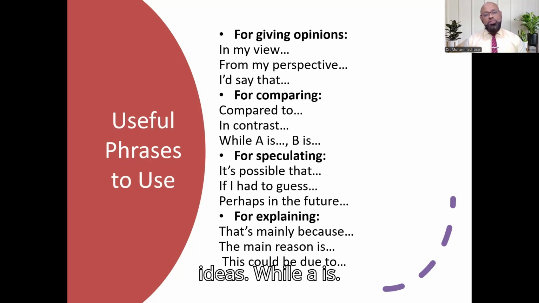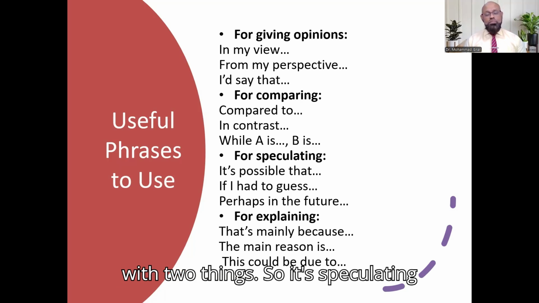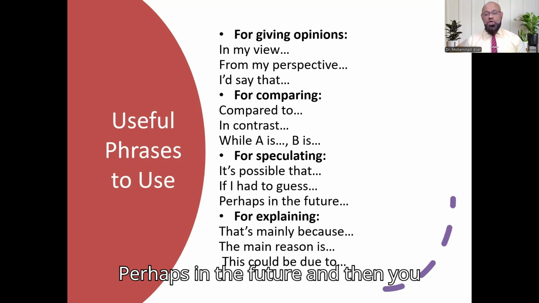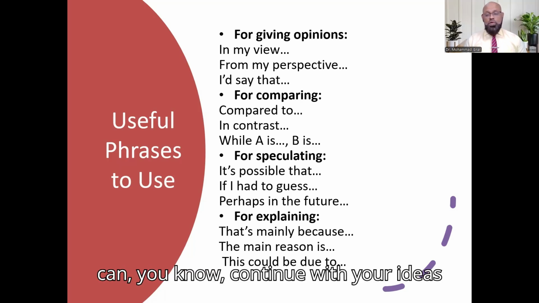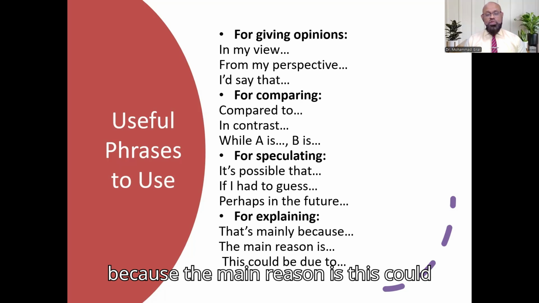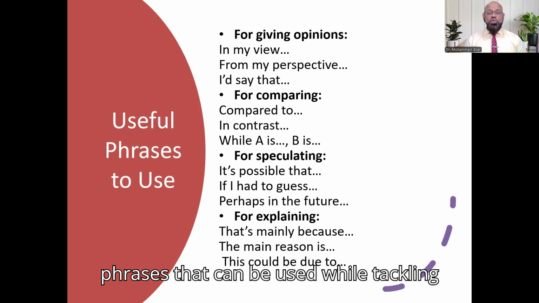While A is, okay, B is, so you can use it while comparing and contrasting two things. For speculating, it is possible that, if I had to guess, perhaps in the future, and then you can continue with your ideas. For explaining something, that's mainly because, the main reason is, this could be due to. So these are beautiful phrases that can be used while tackling speaking part 3.